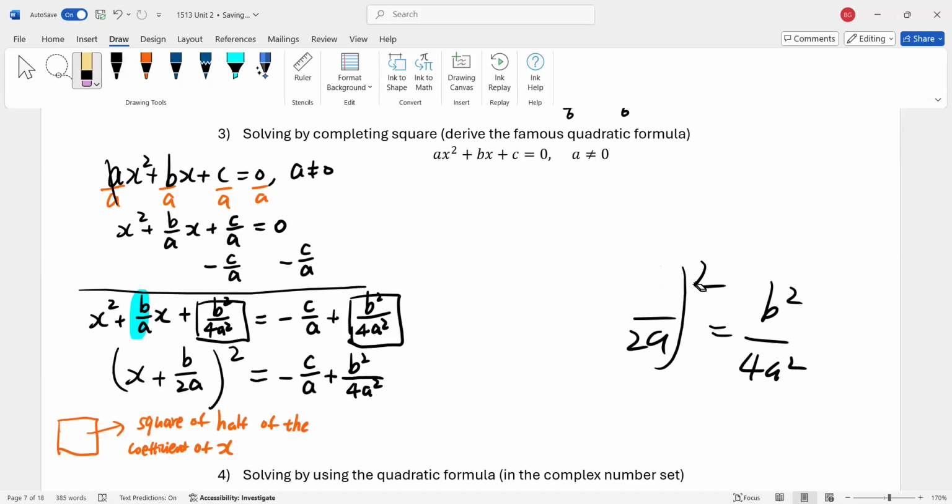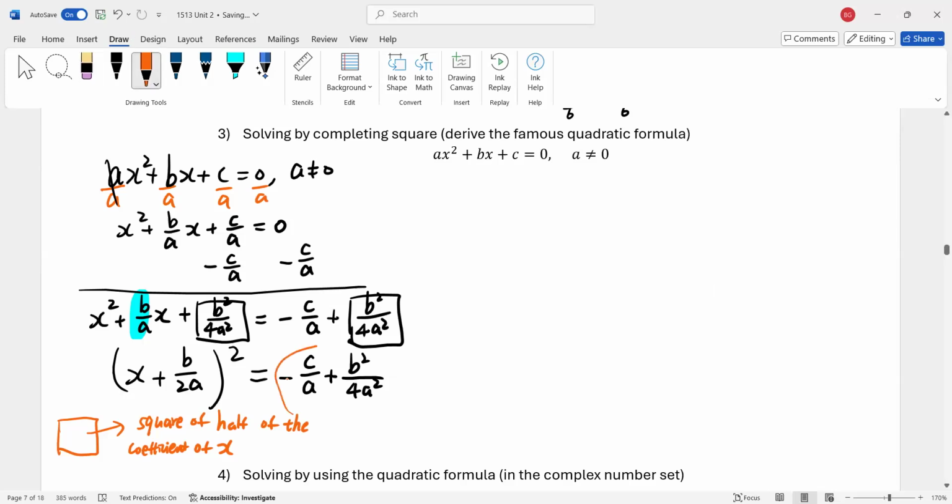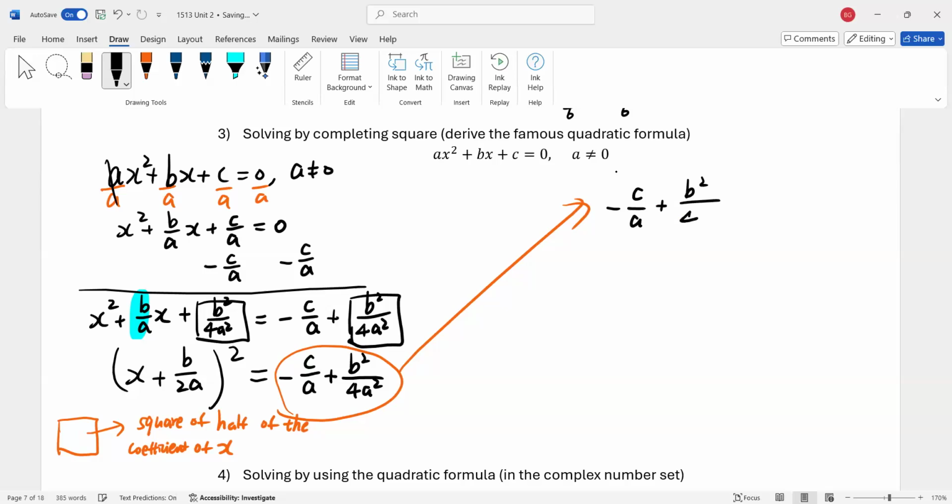Let's spend a little bit of time to simplify the right side, okay? Negative c over a plus b squared over 4a squared. We are adding two fractions. We need them to have the same denominators. They do not have the same denominators now. We need to make them do. So the first fraction, we are going to multiply both top and bottom by 4a.